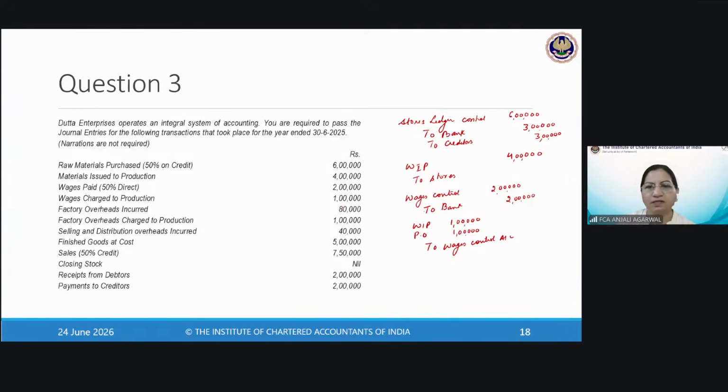Factory overheads incurred, wages charged to production. So even if it is not mentioned, we have taken it. Why? Because half is direct and half is charged to production. That means no other overheads, but only production. Factory overheads incurred. So again, I'll call it production overheads to bank, 80,000.